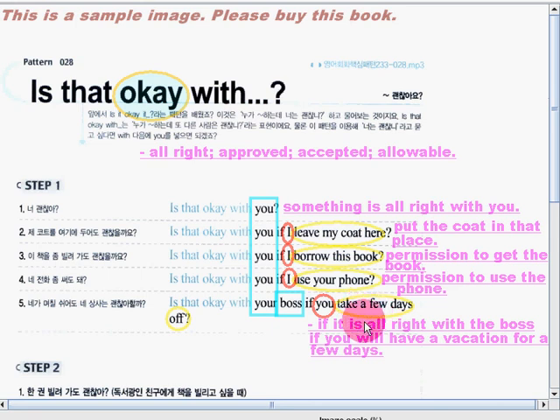Now, let's make our own sentences. For example, is it okay with him if you will come with me tomorrow? So I'm making sure and asking permission if you are okay, or is it alright if you will come with me tomorrow?